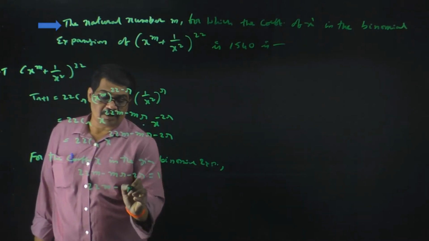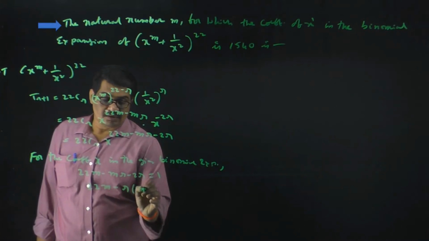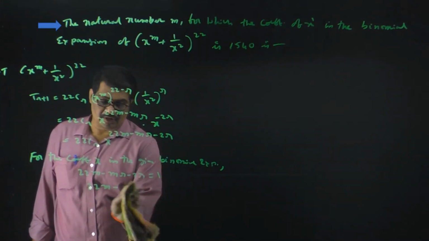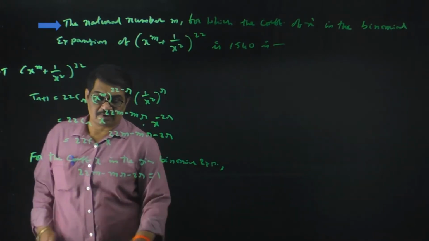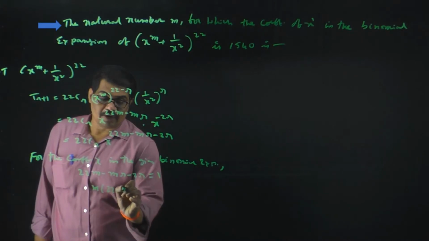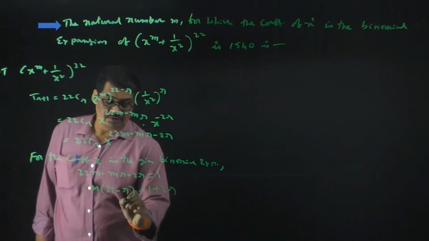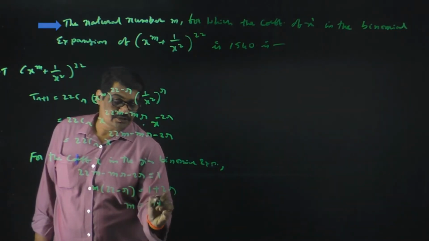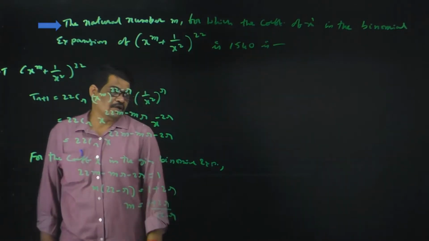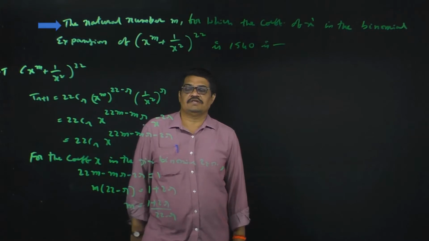Now we take m common from these two terms: m into (22 minus r) equals 1 plus 2r. So m is equal to (1 plus 2r) by (22 minus r).